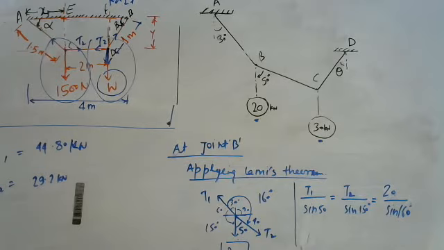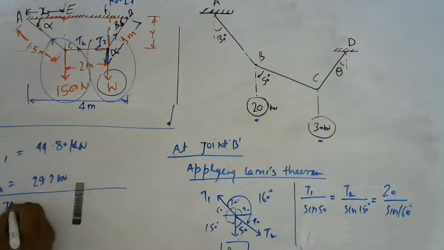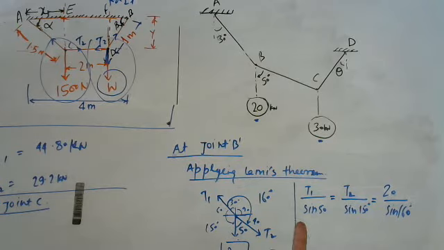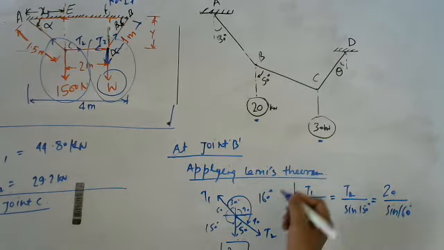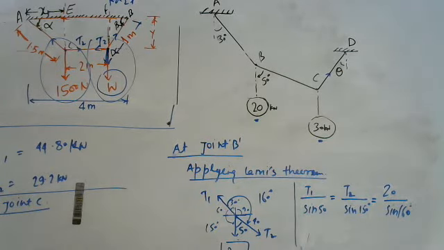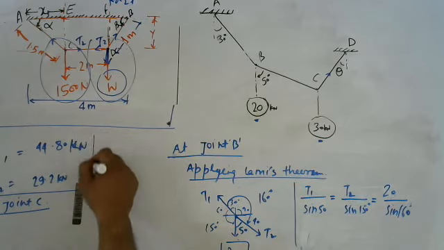Once you know T1 and T2, then in this case we have to apply both Lami's theorem and equilibrium conditions. Joint C can only be analyzed after applying the equilibrium conditions. At joint C, we cannot apply Lami's theorem because the unknowns are more than two, and we are not able to calculate the angles, so we can only apply equilibrium conditions.